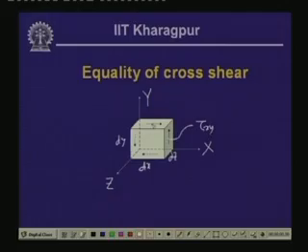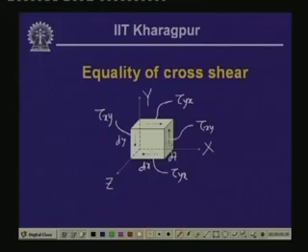Accordingly, the component of stress acting in the direction of x and acting on the y plane, we call tau y x. Likewise, this is also tau y x and this is tau x y.